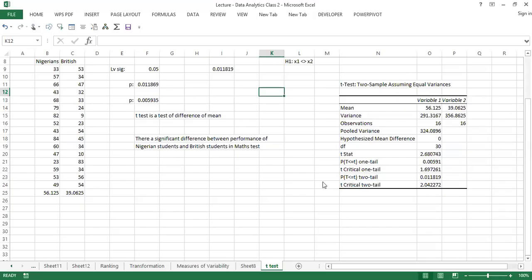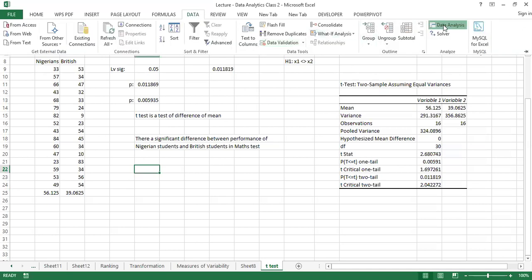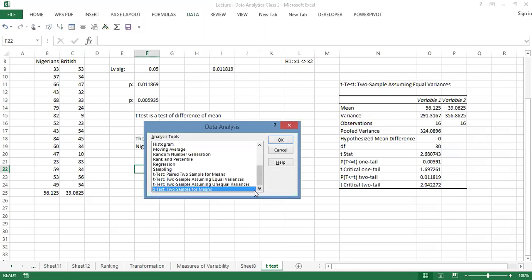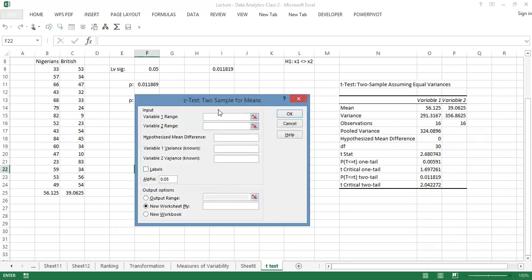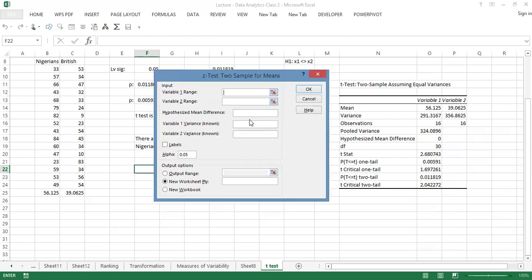So an alternative to the t-test is the z-test. Go to data analysis, say it's the z-test. But when you are doing the z-test, you will need to input the variance.